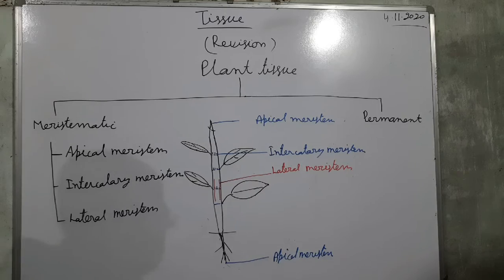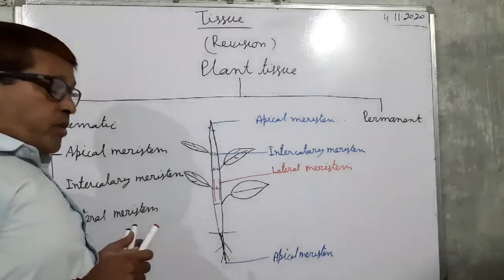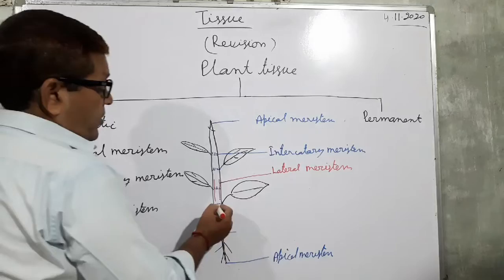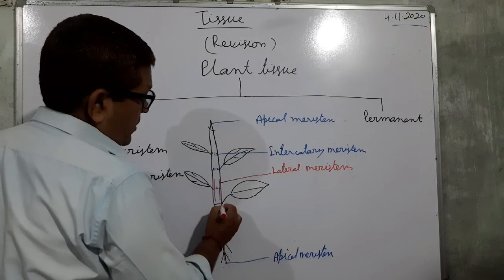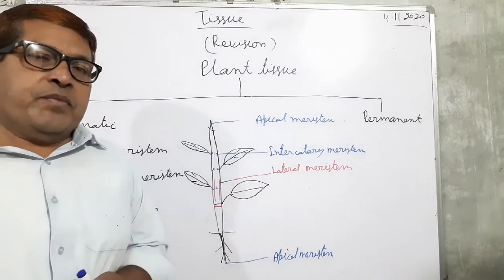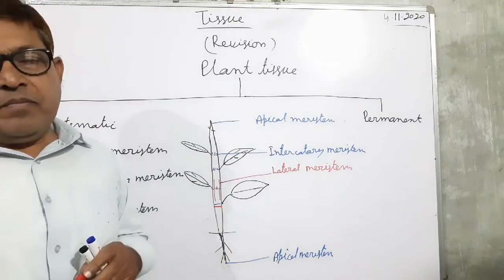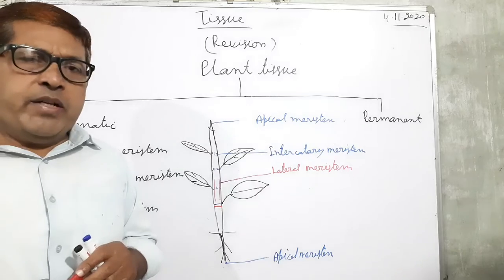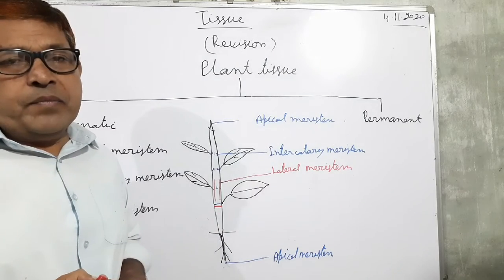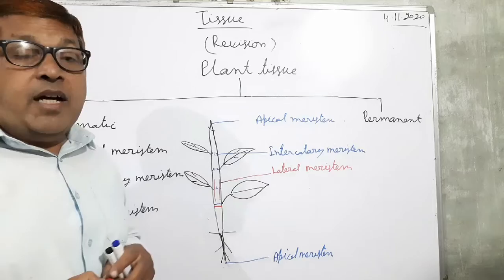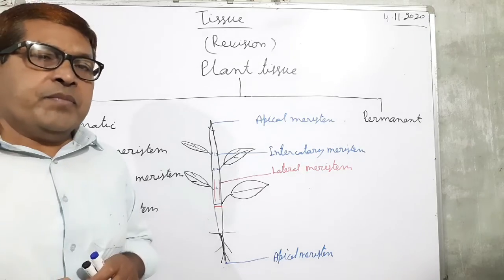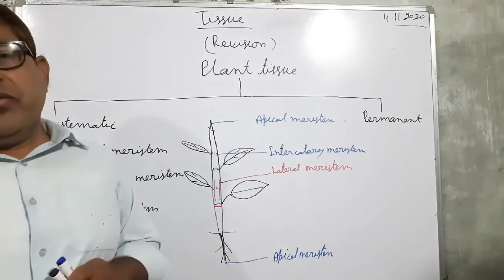So one question. Suppose one student marks 3 meters from the ground on a mango plant, and after 3 years he comes back and again measures the height of the mark from the ground.